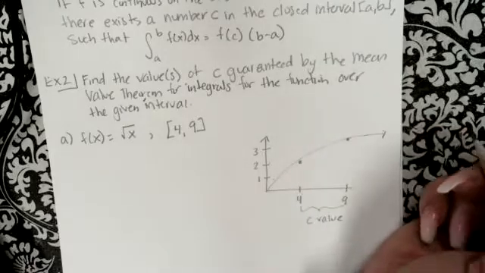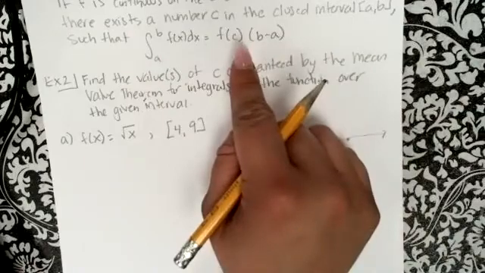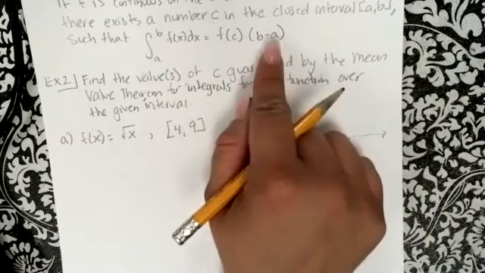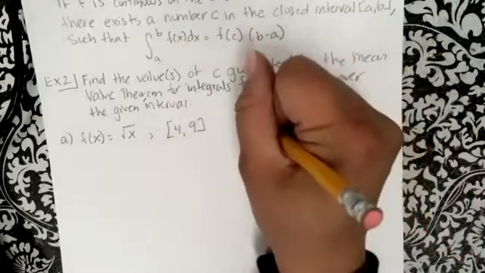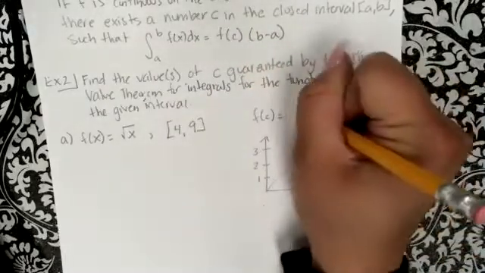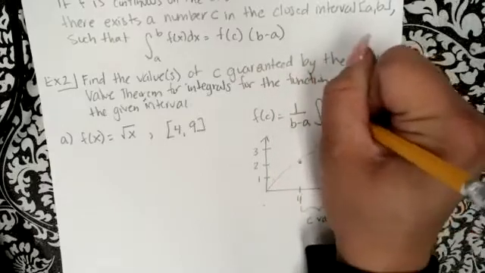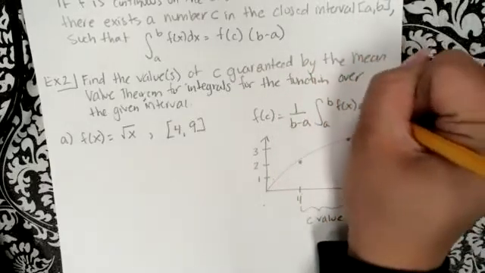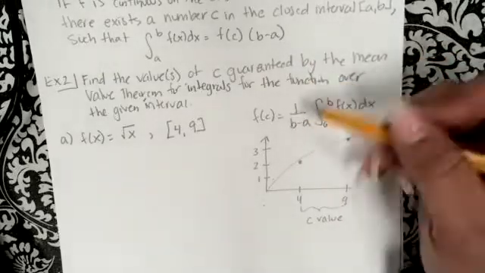Now keep in mind, if I'm trying to solve here for f of c, how do I get rid of the b minus a? I divide it to both sides. So in the long run, f of c is equal to 1 over b minus a times the integral. So this is basically what I'm solving right here.